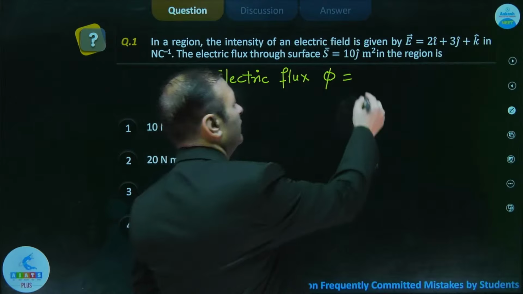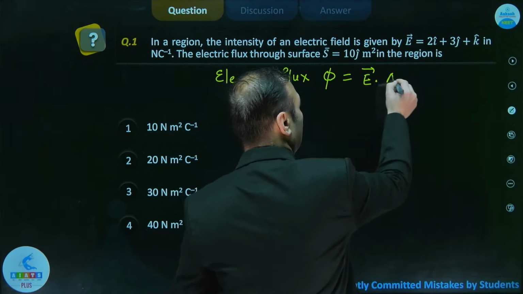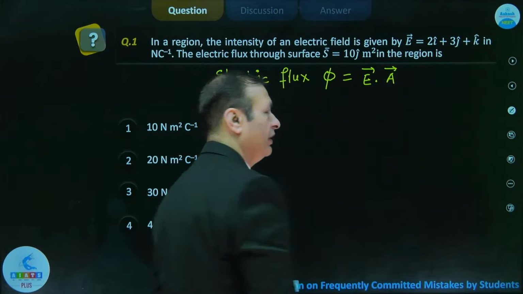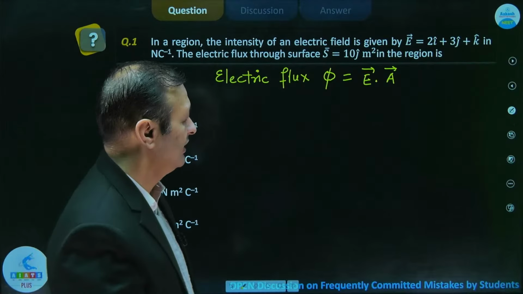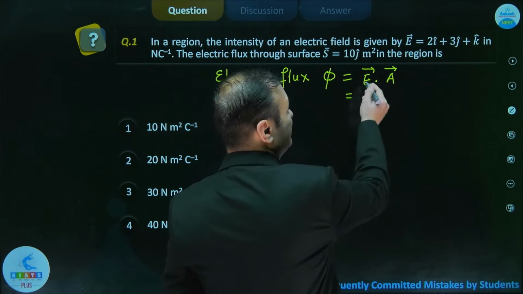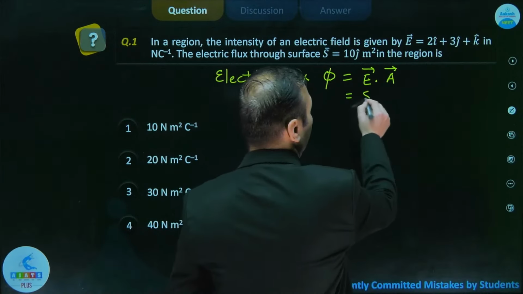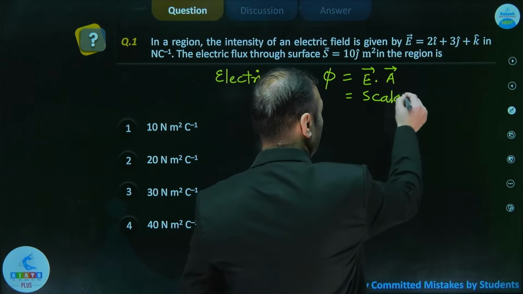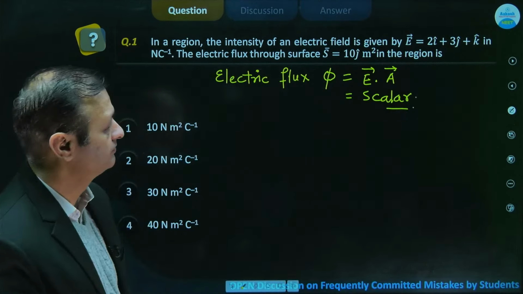So this is mathematically understood as E dot A, where E is your electric field vector and A is your area vector. So this is, as you can see, a dot product. So flux is a scalar physical quantity. Got it?